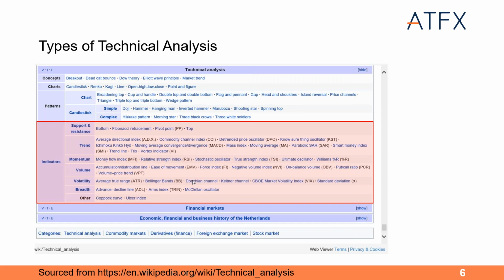But first and foremost, the most important thing, I believe, is price action itself, because that is the thing that is happening on the chart. And if we can learn to read the price action and just overlay some indicators for added confidence that the direction we've picked is the correct direction, and perhaps an entry signal or somewhere to place our stop loss, then that can be very useful.